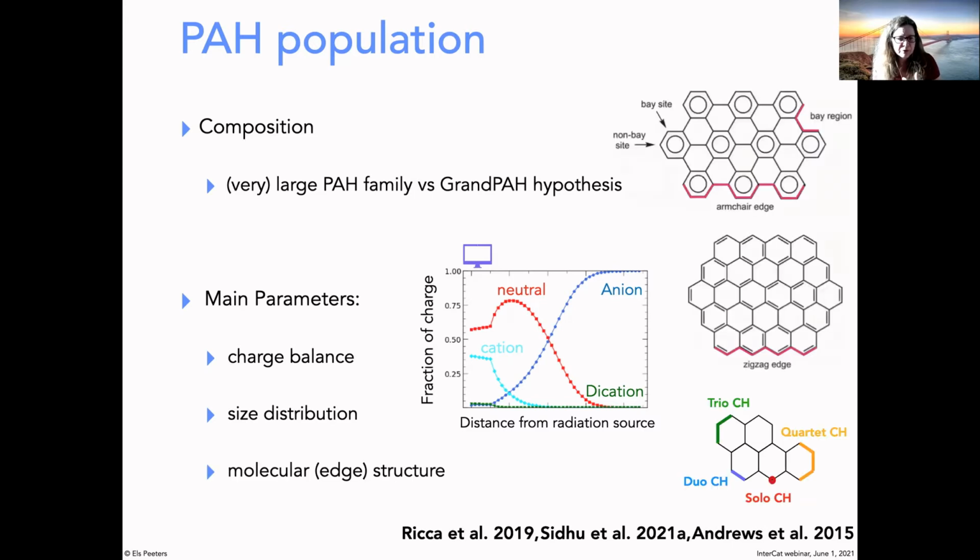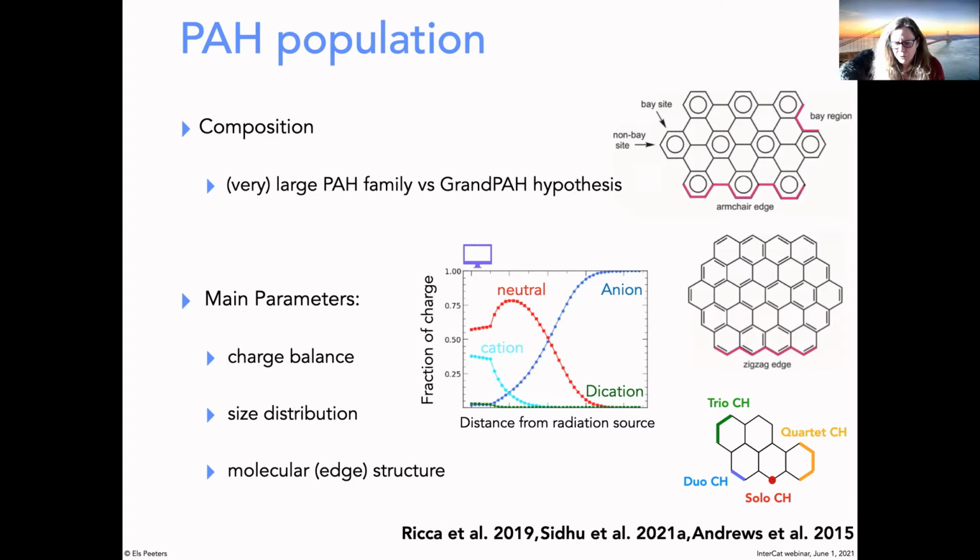And then finally, ideally, we want to know which specific PAH molecules are present. But that's the molecular structure, and we also very often, especially for observations, look at the edge structure. I show you some specific edge structures in these structures here on the right. You can have zigzag edges or armchair edges. We have bay regions, which is shown in the top molecule.